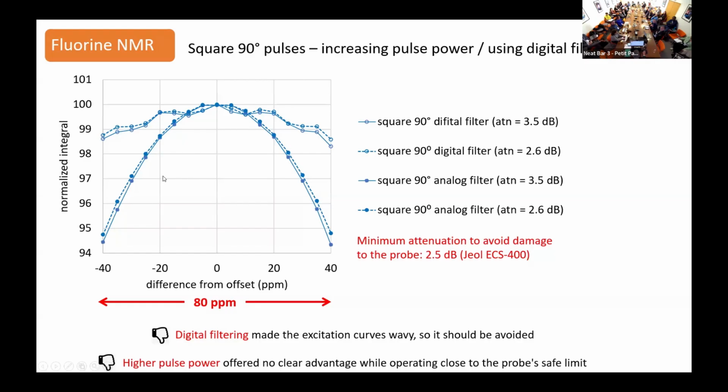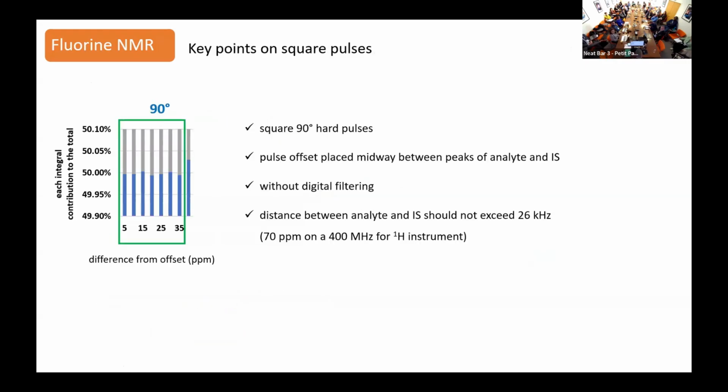So still the 90 degrees pulse without the use of digital filtering was the best situation, and increasing the pulse power made almost no difference. So there's no reason to work close to the limit of the probe, because we didn't have a good improvement. So using square pulses for fluorine, some key points: the 90 degrees was better than the other pulse angles.